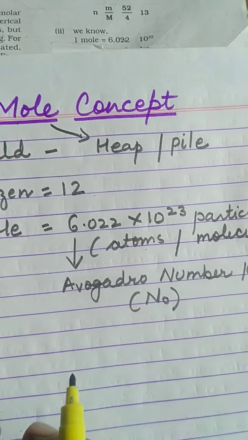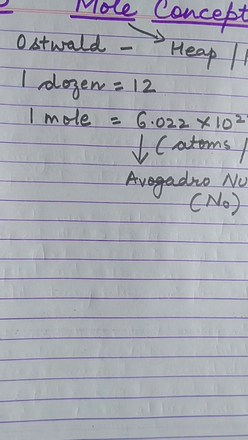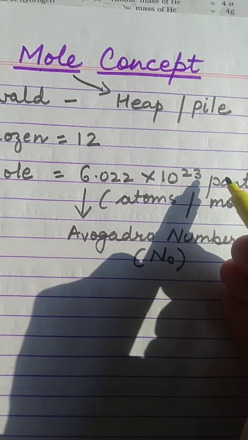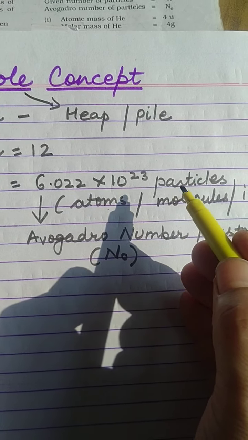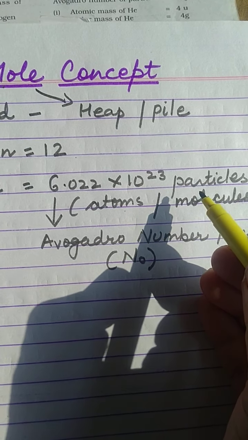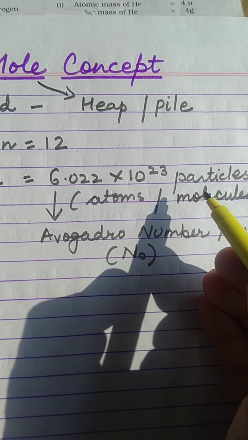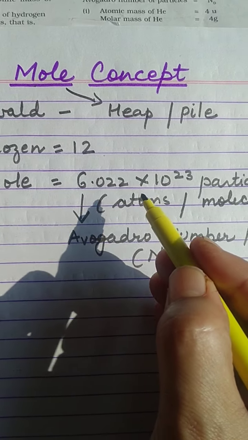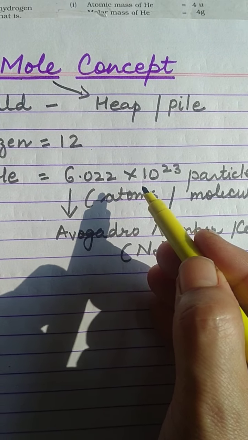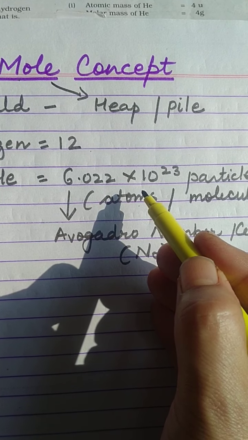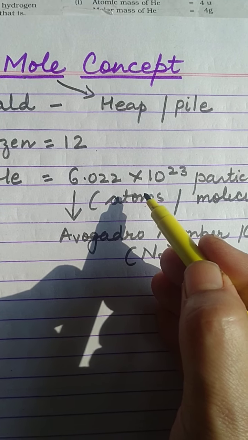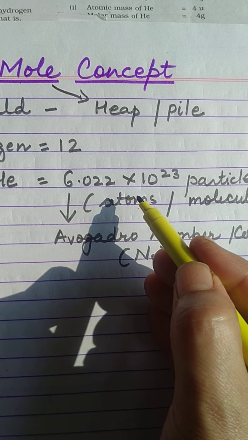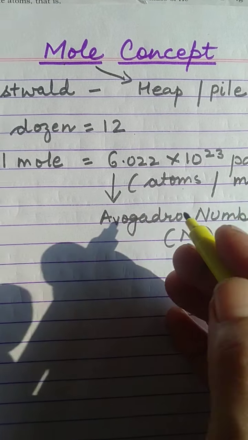So 1 mole of any species, any particles, molecules, ions, has a mass that is always equal to the atomic mass or molecular mass in grams.